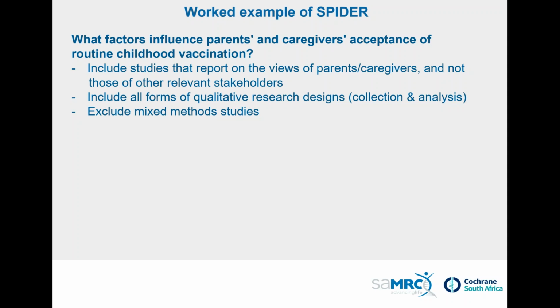And to also give some background information, when developing the focus of our review, we decided that we'll only include studies that report the views of parents and caregivers and not those of other relevant stakeholders. We also decided we would include all forms of qualitative research designs and methods for both data collection and analysis. And then we decided that because there's such a lot of studies on this topic, we're going to exclude mixed method studies.